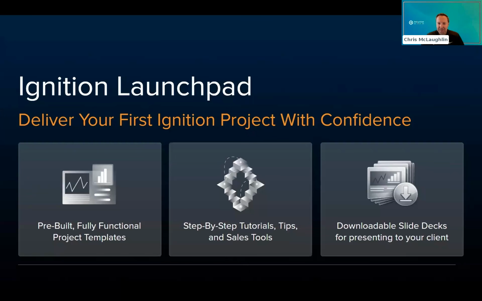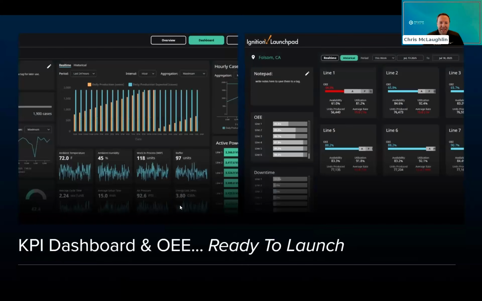There's also written documentation, tips, and sales tools. It comes with literally everything that you need to make it a reality, even down to the level of full PowerPoint presentations that you can download about the two Ignition Launchpad projects that are sales ready. You could show them to a client. And all of this is completely free.